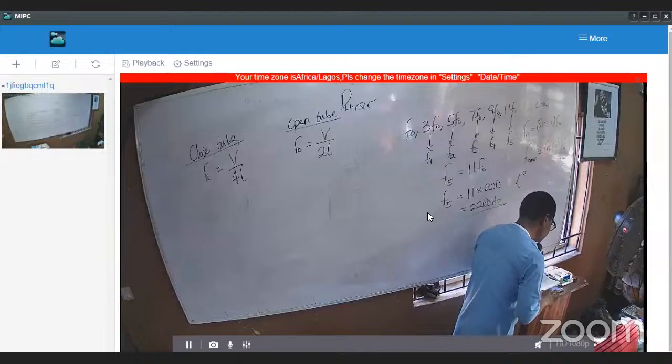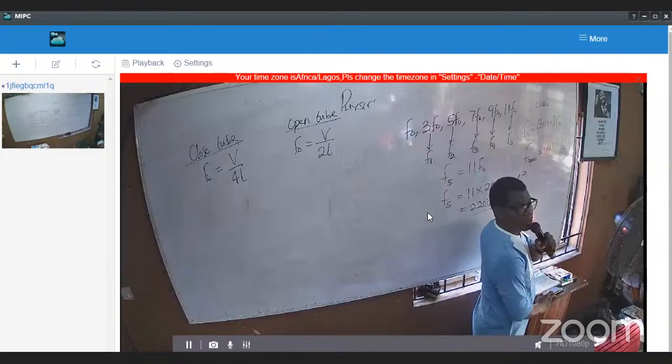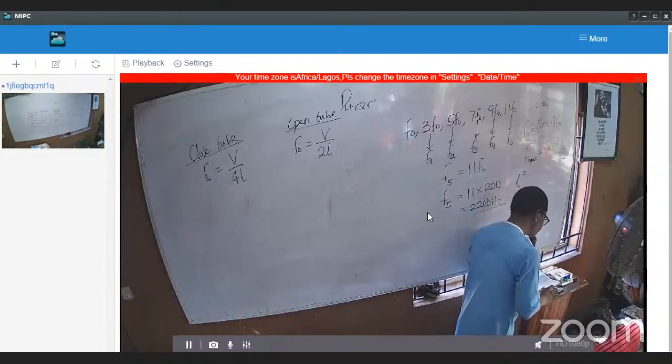Full stop. Find the frequency when the length becomes 4.5 meters.